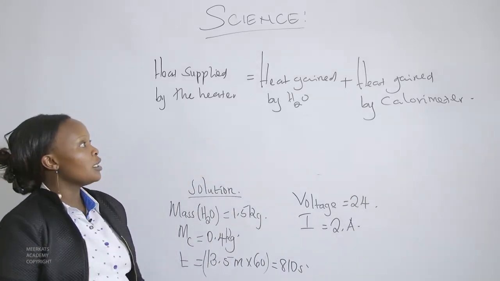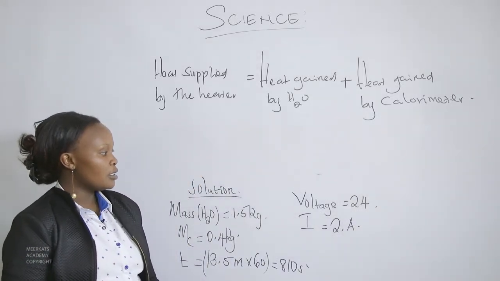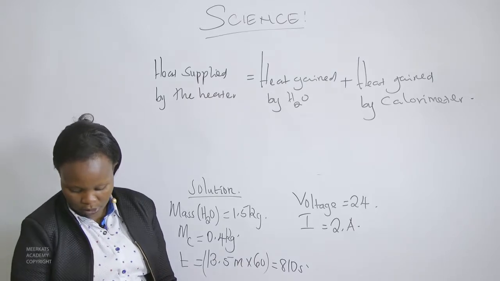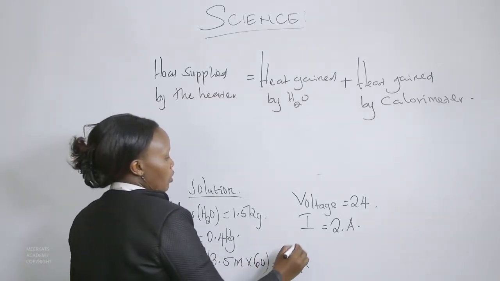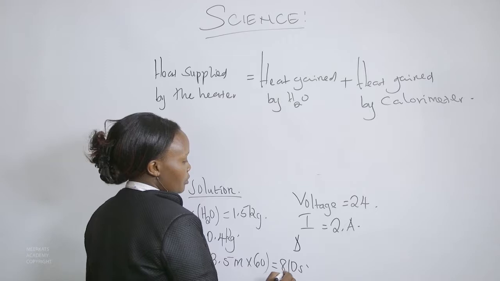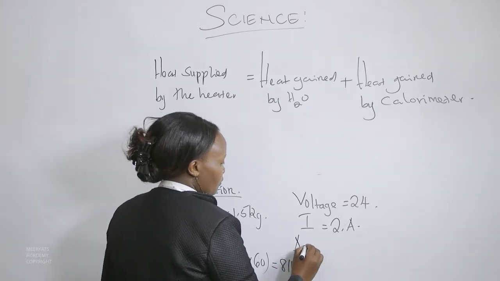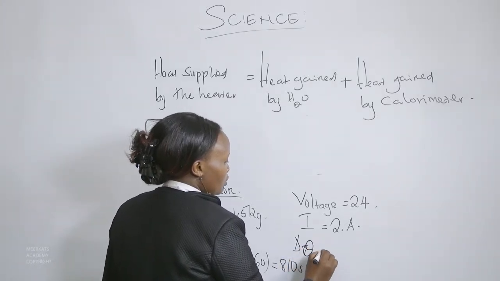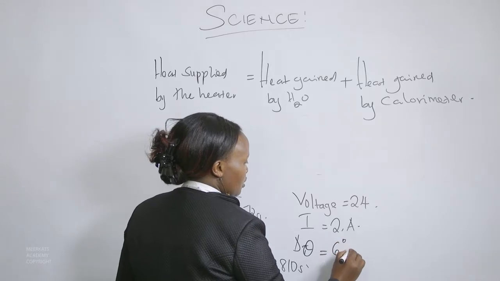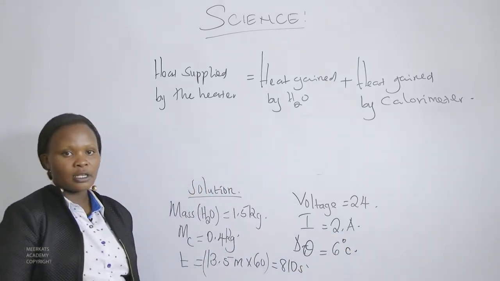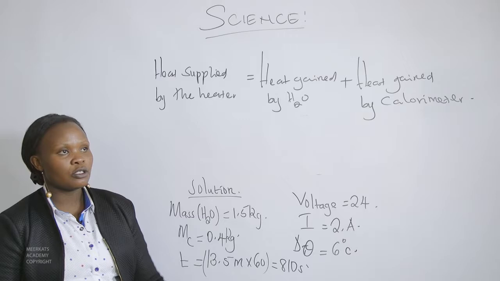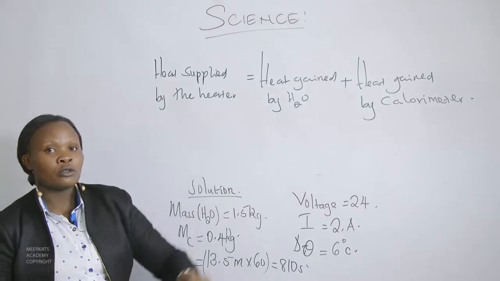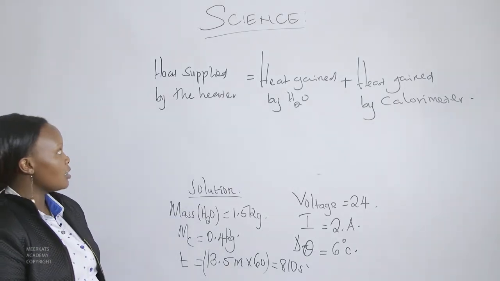Heat gained by water and the heat gained by the calorimeter. Now, for all of them, temperature rose by 6 degrees centigrade. That one is very important. The temperature of the two rose by 6 degrees centigrade.